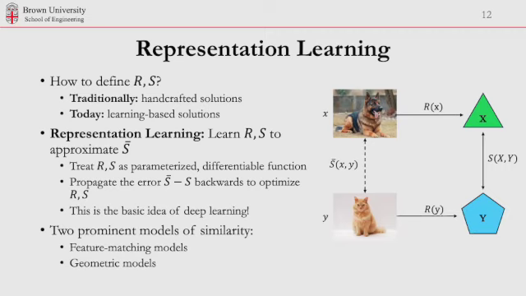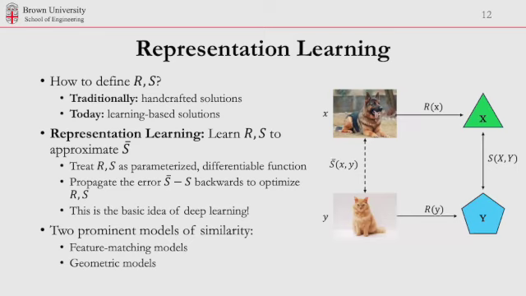But today, and this was the revolution of deep learning, for search at least recently, we now have these learning-based representations. The idea is that if we treat our representation and similarity functions as parameterized and differentiable, we can optimize these two functions so that the similarity of the representations matches the underlying similarity.